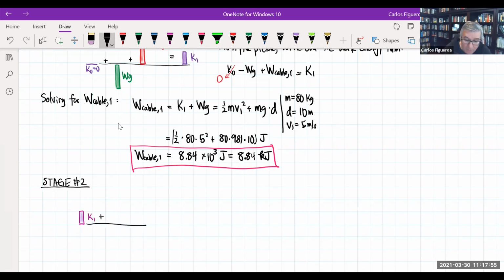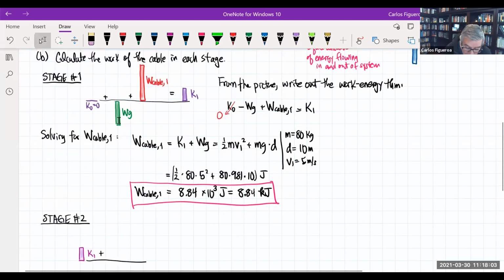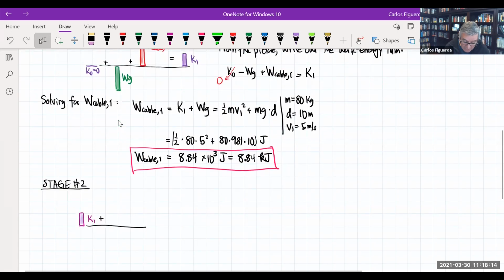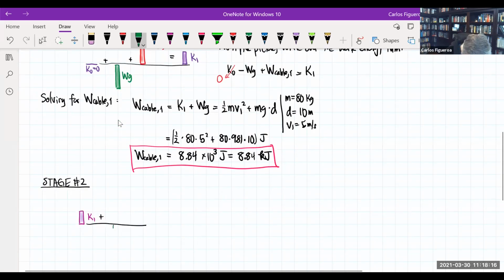So if it's this much, what am I going to do? I'm going to have two kinds of work: the work of the cable and the work of gravity. Now, the weight of this cable shouldn't change, so the work of gravity should be exactly the same. So let's say that that is 2 squares. That's the work of gravity.